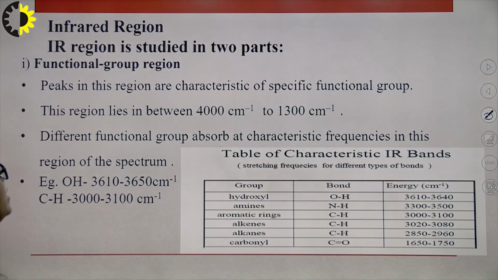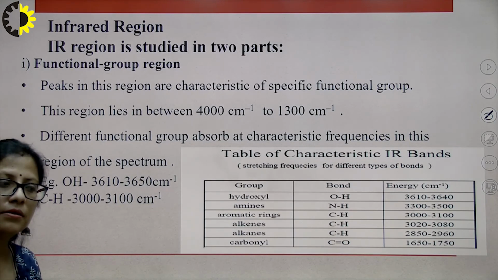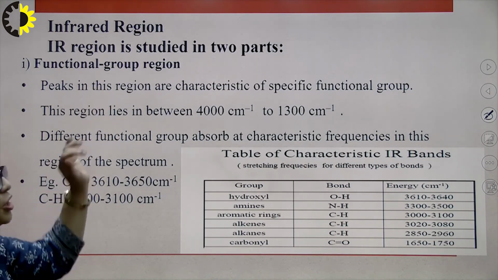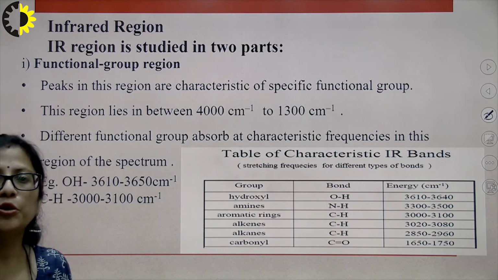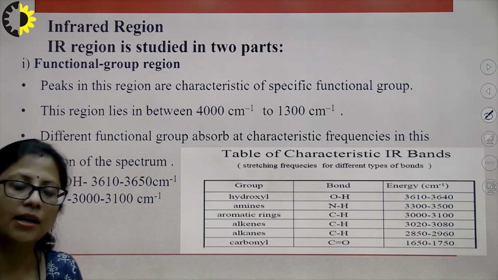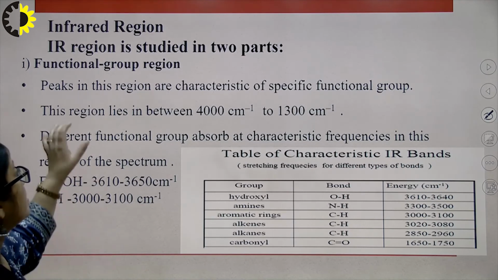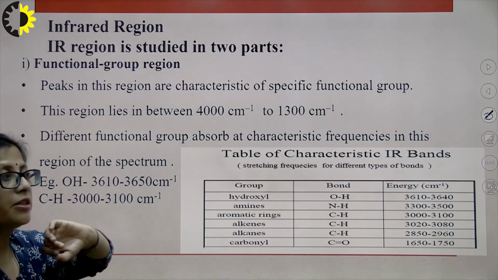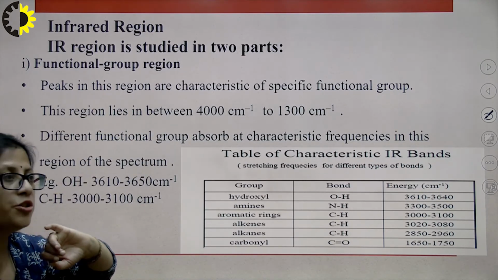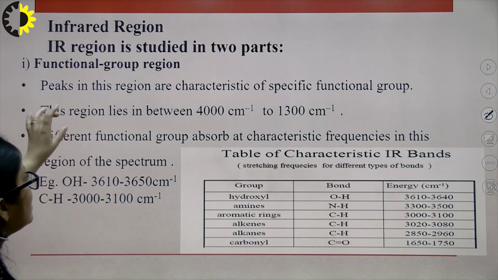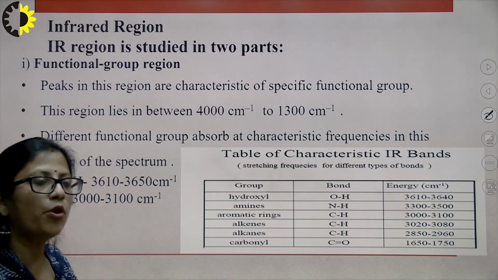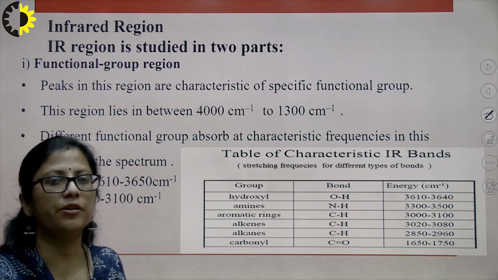Now, the IR region is studied in 2 parts. The first part is the functional group region, where we can find out the different functional groups which are present in the organic compound. The peaks in this region are characteristic of the specific functional groups present in the organic compound, and this region lies between 4000 to 1300 centimeter inverse.